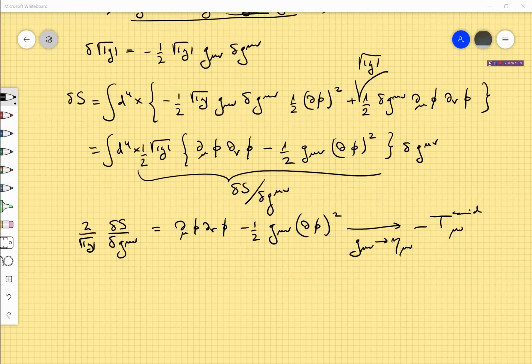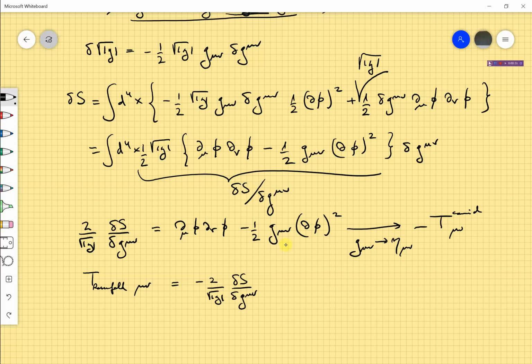This result has been used to find an alternative definition of the energy momentum tensor, not directly as the Noether current associated to translations. This is the Rosenfeld prescription for the energy momentum tensor. The definition is: compute the variation of the action with respect to g mu nu.